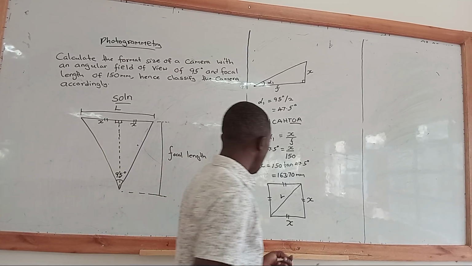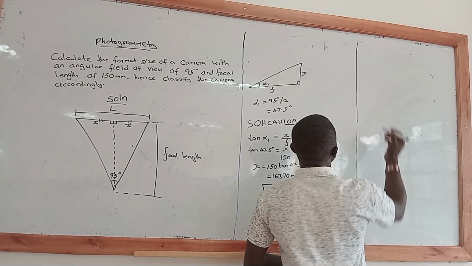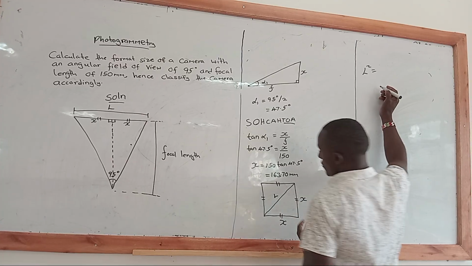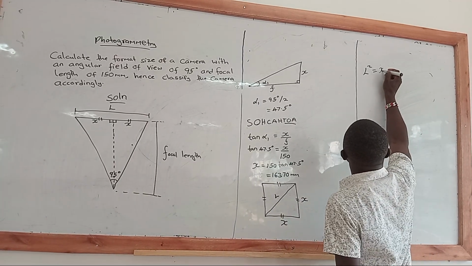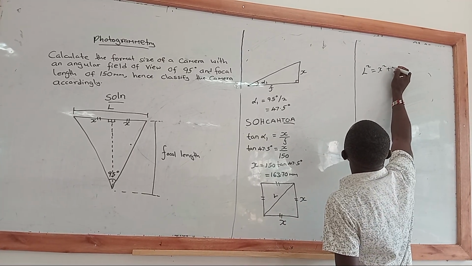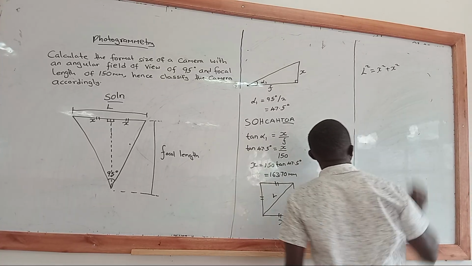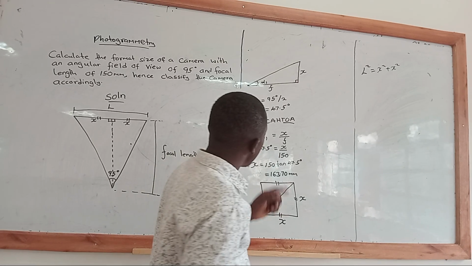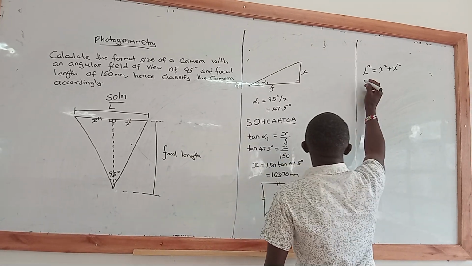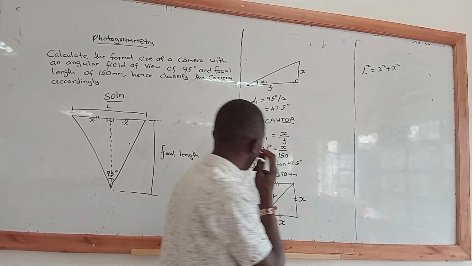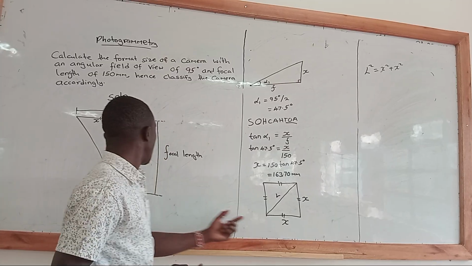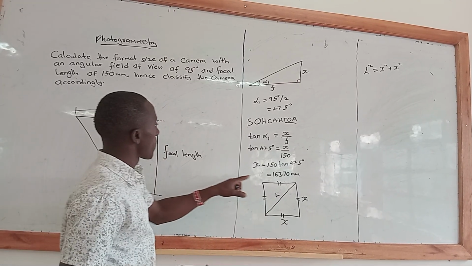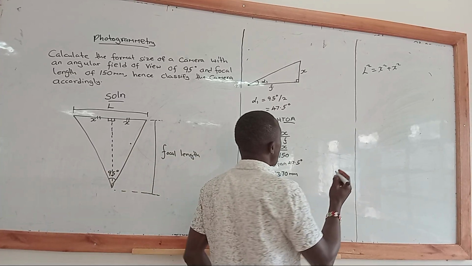In our normal calculation, for you to get the diagonal, that is n square, it's normally given by x square plus x square. So we have our n square. For you to get n, it is x plus x.